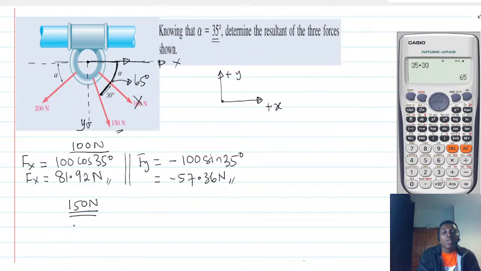Okay. So now with a 150 Newton force, again the x component is going to be positive. So it's going to be Fx. Okay, so Fx is what? 150 cosine what? 65.